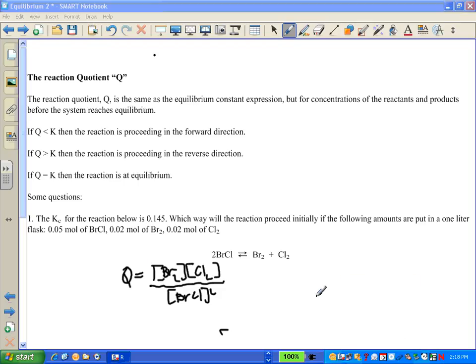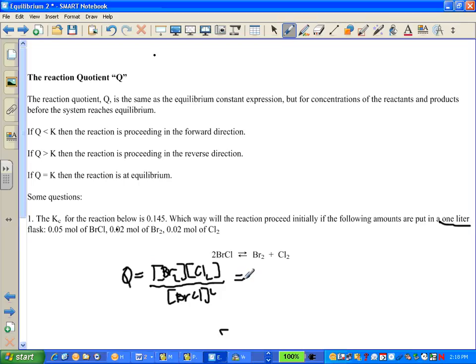Now, it's always really important to pay particular attention to the units that you're given. You're given the moles for each of these, and you're told that it's in a 1 liter flask. Because it's a 1 liter flask, the concentrations are the same, but if it wasn't a 1 liter flask, you would need to deal with that appropriately. In this case, the concentration of Br2 is 0.02.